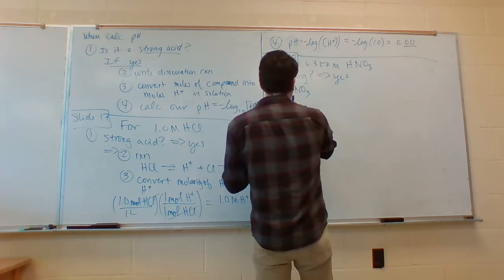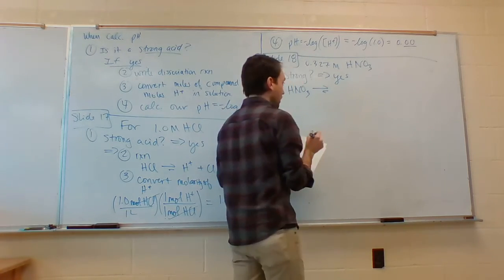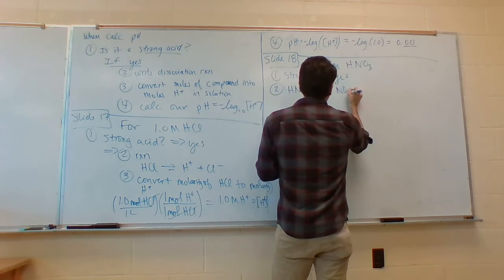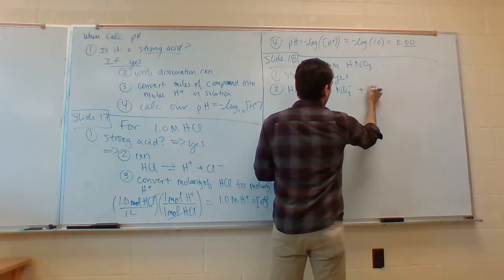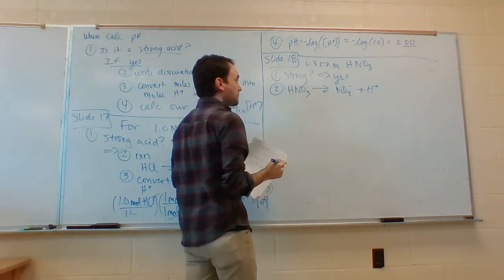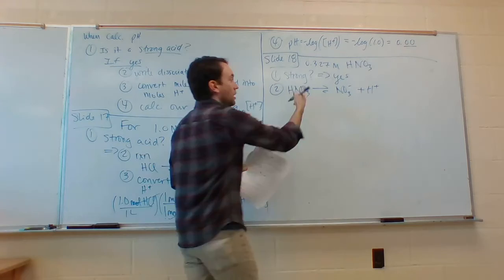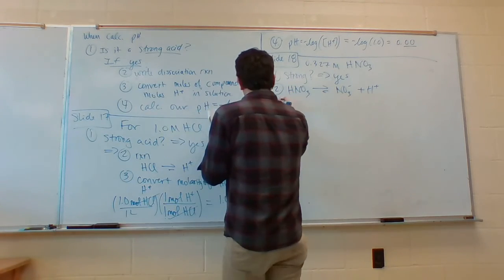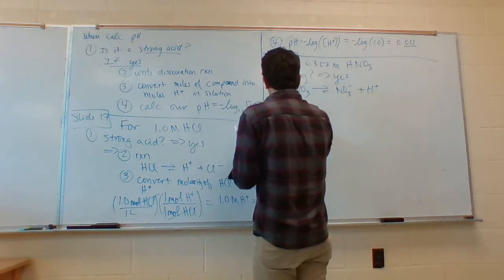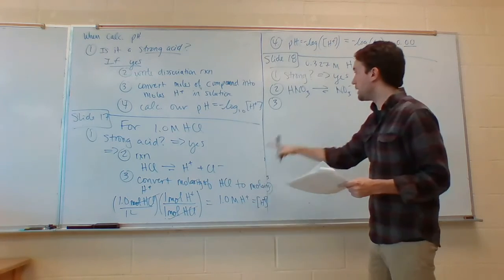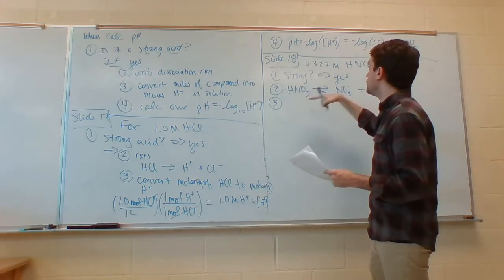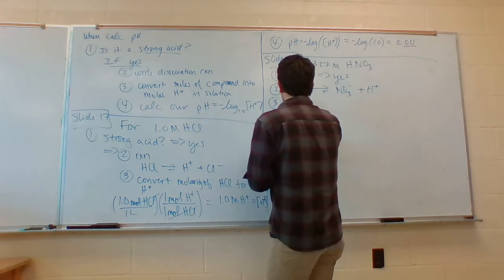We need a dissociation reaction. So it's going to go to NO3 minus plus H plus, right? Again, we're going to have a strong arrow going to the right because it is mostly dissociating for a strong acid.